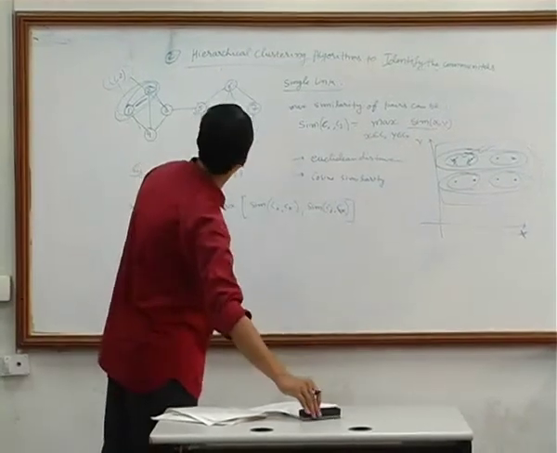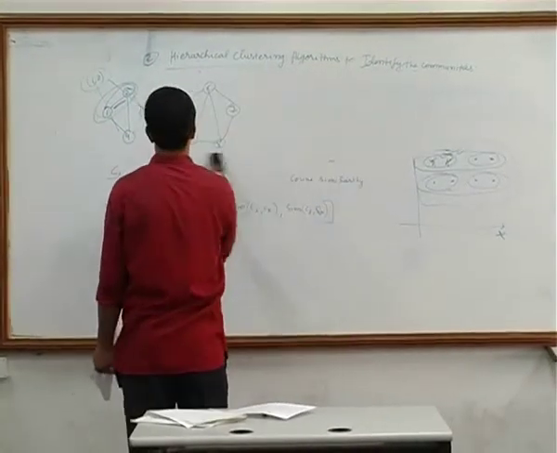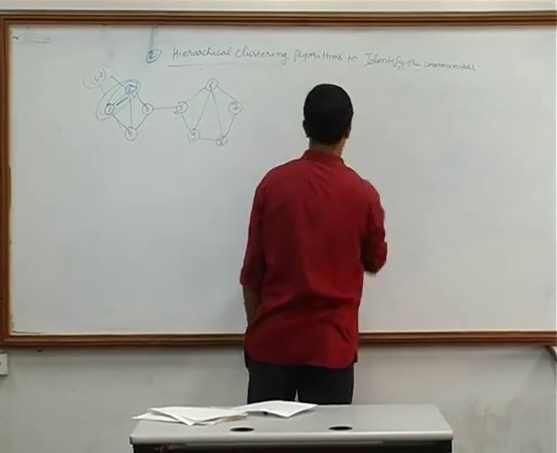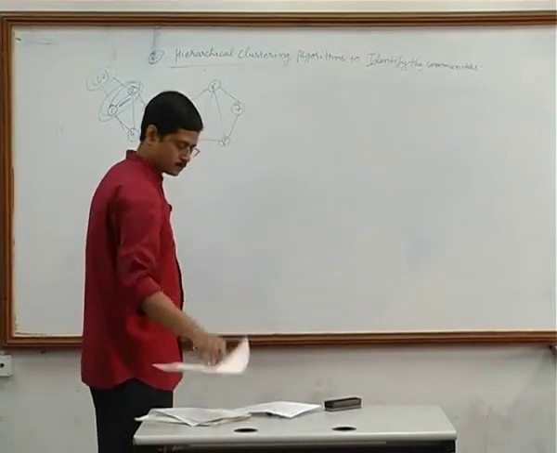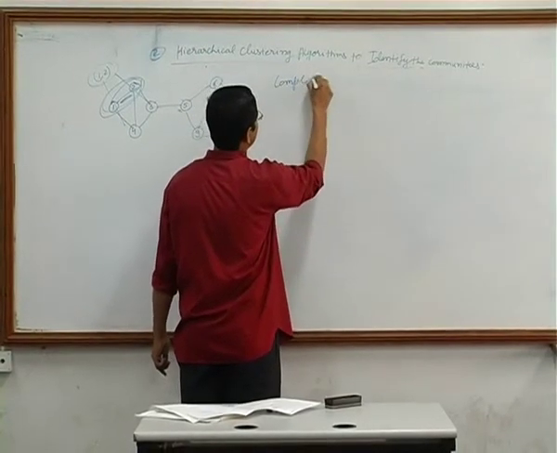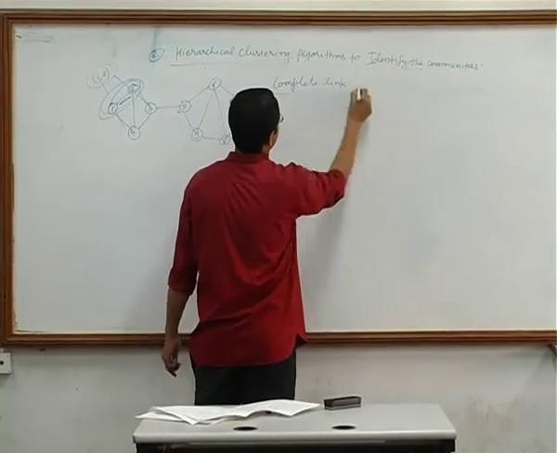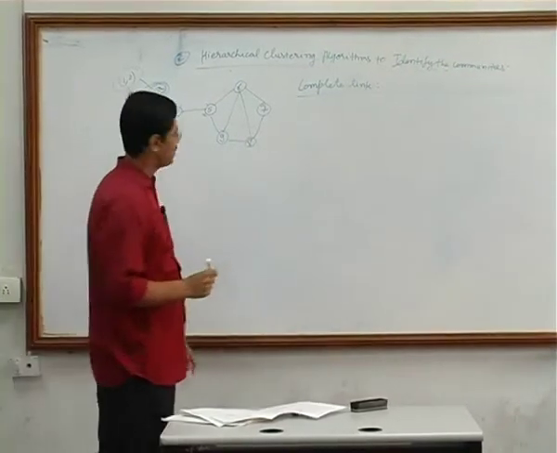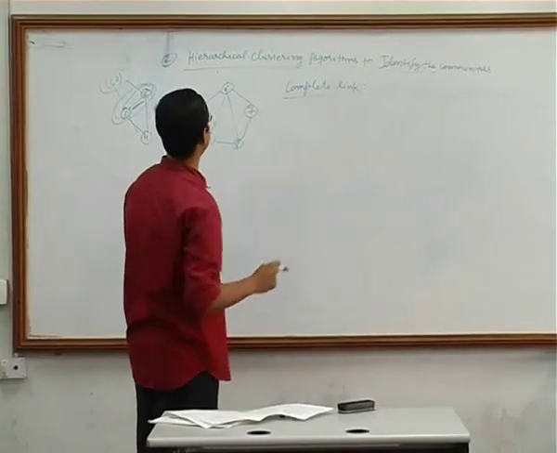So now I will discuss complete link. Complete link hierarchical agglomerative clustering algorithms use the minimum similarity between a pair of clusters.